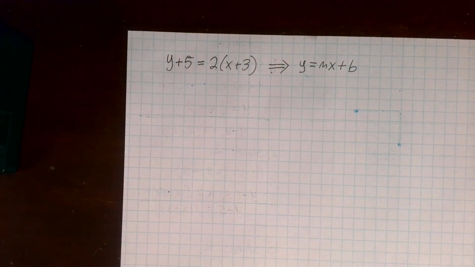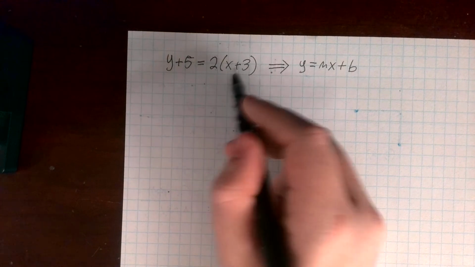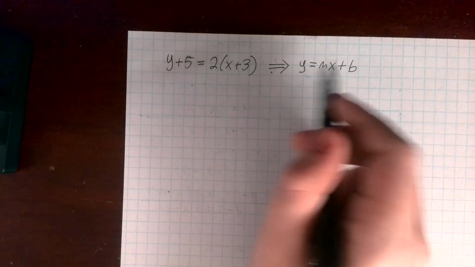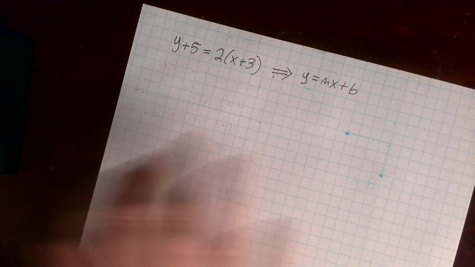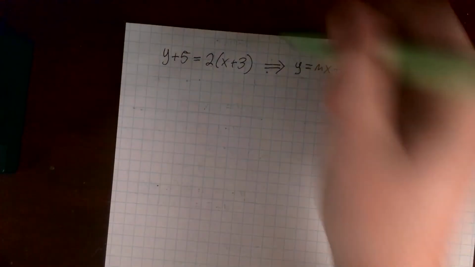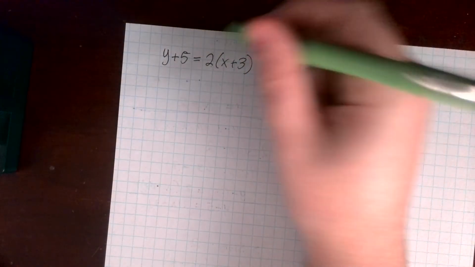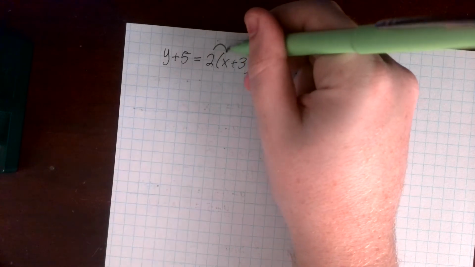Well, think about it. There are two big differences here between the forms, and I wonder if you can pick out what they are. The most obvious one is that we have parentheses in this one, and this one doesn't have parentheses. Well, how do we get rid of parentheses? We recall that to get rid of parentheses, if there's a number outside of the parentheses, you can distribute into them.